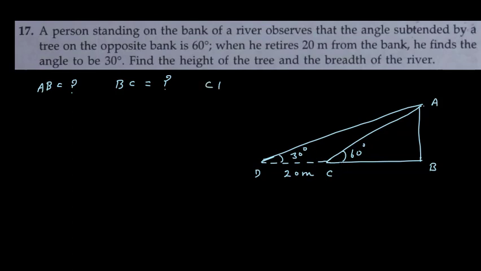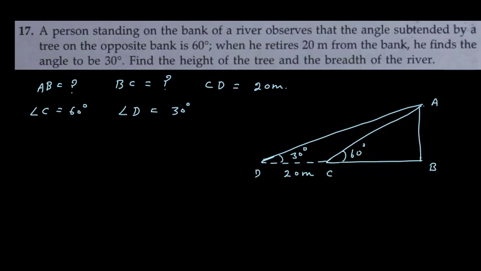CD is given, 20 meter. Angle C is 60 degree, and angle D is 30 degree. So angle C is given and angle D is given. We have to find the height of the tree.